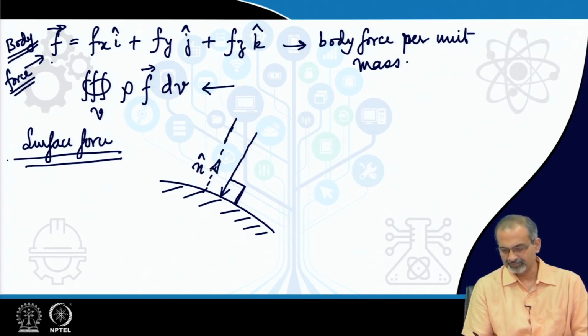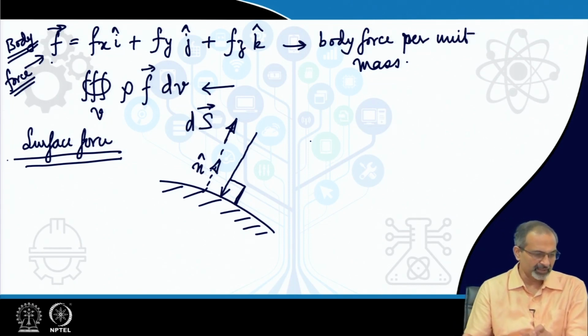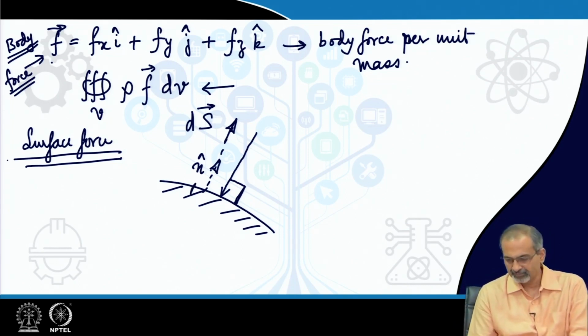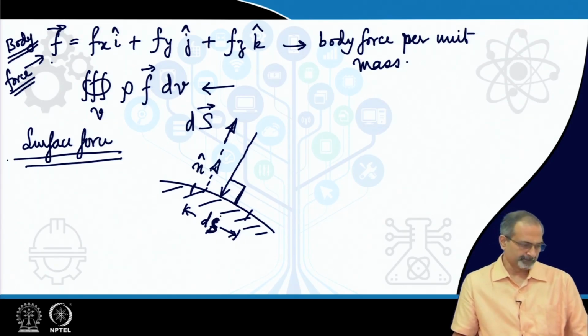normal vector, it points out, and therefore, the surface vector acting over a small element, let us say, would also point out. This would be an uppercase S, because you are dealing with surfaces.